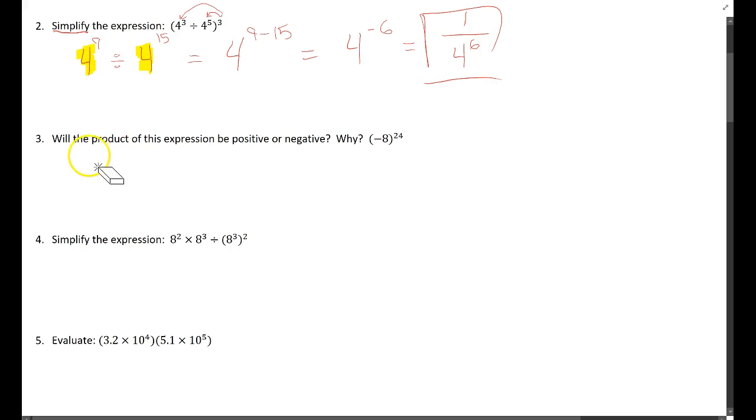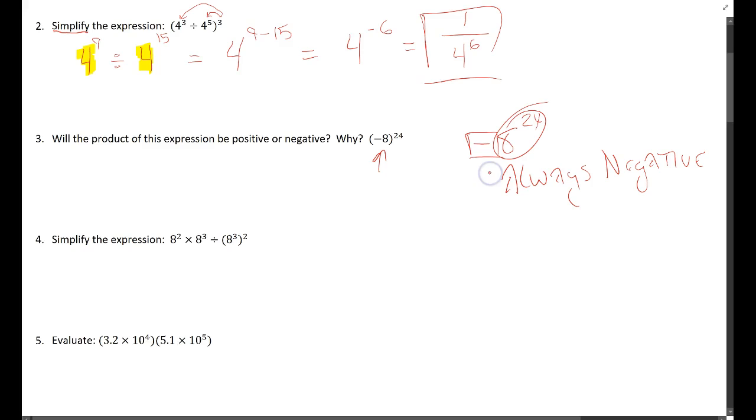Now, next piece. Will the product of this expression be positive or negative? Well, let's remember a couple of things. If things are inside the parentheses with a negative, we have to look at this. If they're outside, so let's say this was 8 to the 24 outside of parentheses, this is always negative because this gets attached after you evaluate the rest of this.